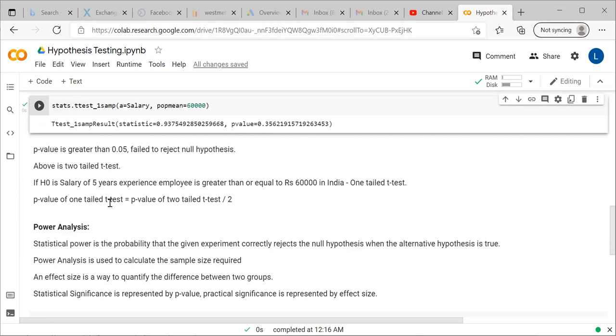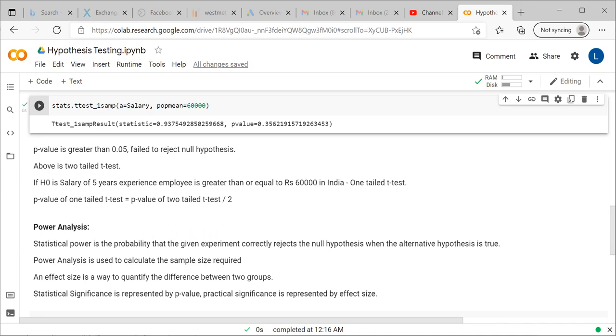It will give the p-value of the one-tailed t-test. So if you are conducting a t-test for a one-tail requirement, as I said, if the null hypothesis is that the salary of a 5 years experienced employee is greater than or equal to rupees 60,000 in India, a one-tail t-test is applicable. So then we will divide it and calculate.